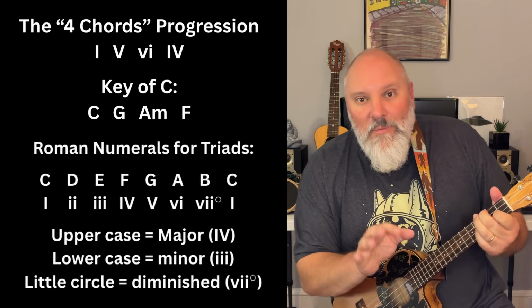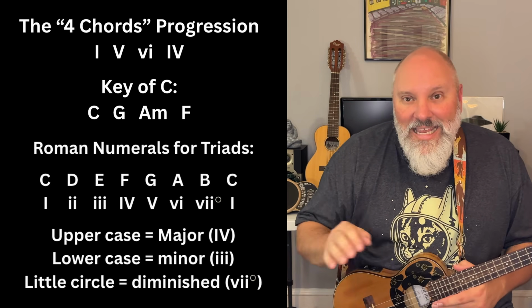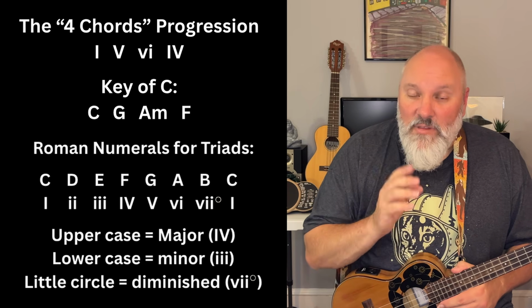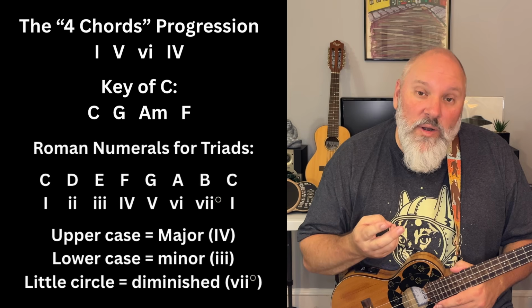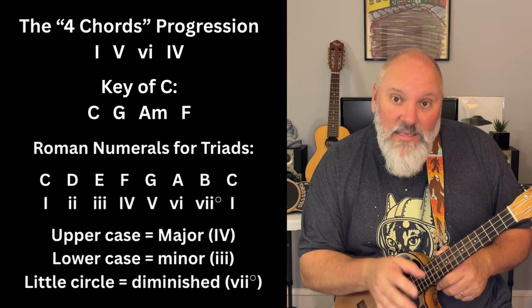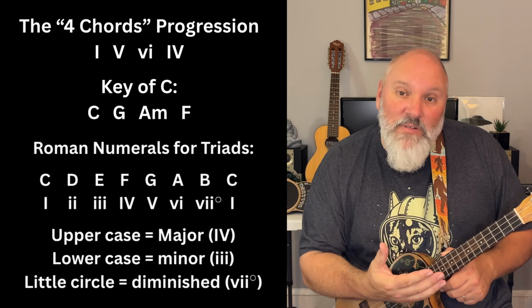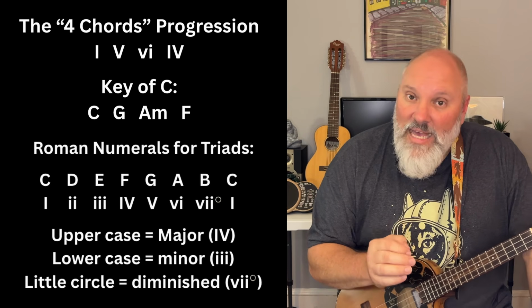Talking about these majors and minors in the Roman numeral system in any key, the 1 is always going to be a major. The 2 is going to be a minor chord. The 3 is also going to be a minor chord. That's why it's lowercase. The 4 is major. The 5 is major. The 6 is minor. The 7 chord is kind of unique.